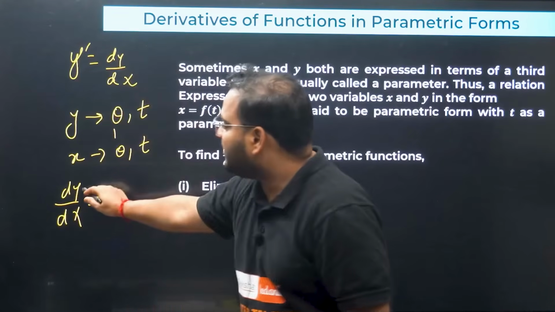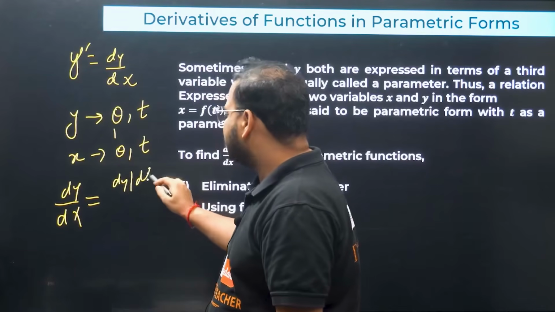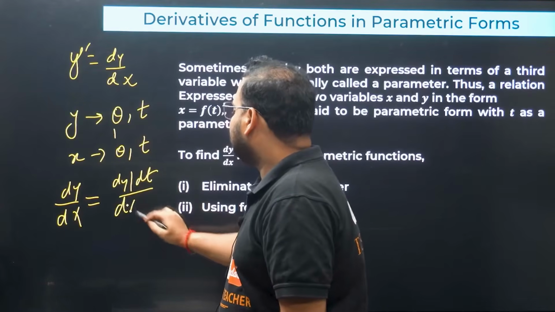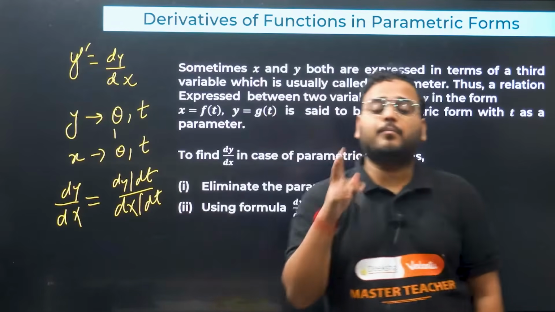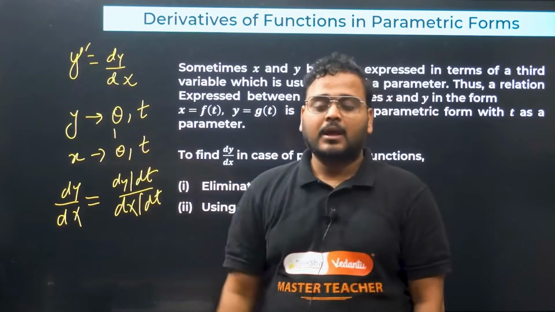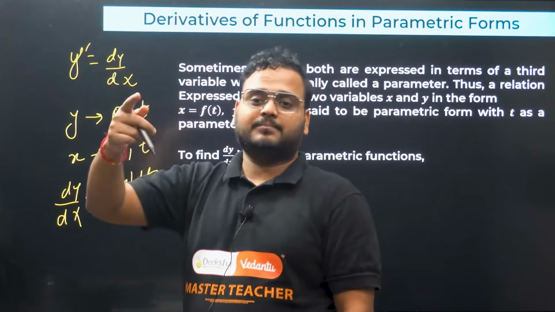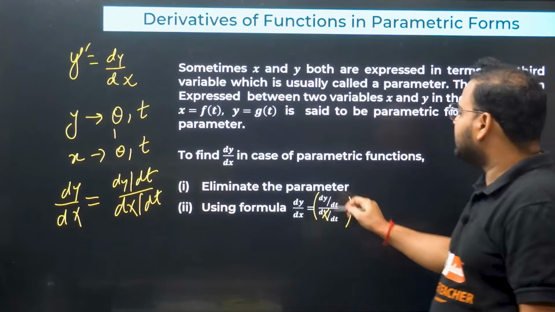So when you are asked to find dy by dx, you'll have to use this approach: differentiate y with respect to t first, and then divide that by dx by dt. So you have to find the derivative of both the functions y and x in terms of their parameter, and then divide them. Check here, same thing, it's dx by dt, not dy by dt.